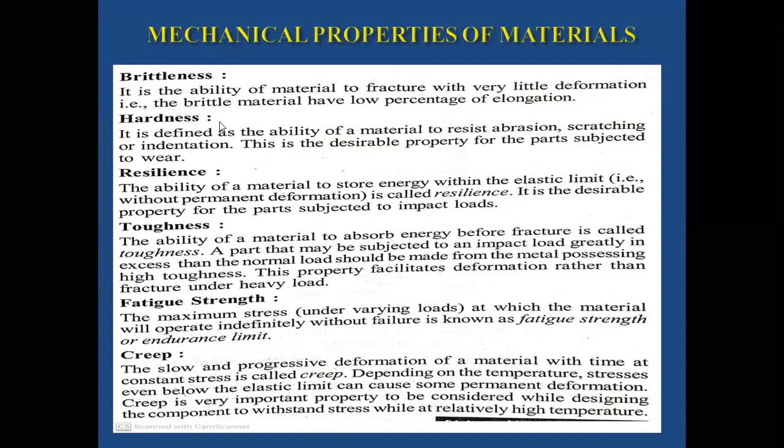And then hardness is the ability of a material to resist abrasion, scratching, or indentation. Abrasion is wear and tear, scratching is some external marks, and indentation is an impression, where we apply some external force.